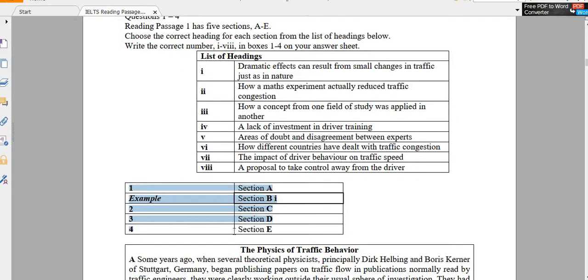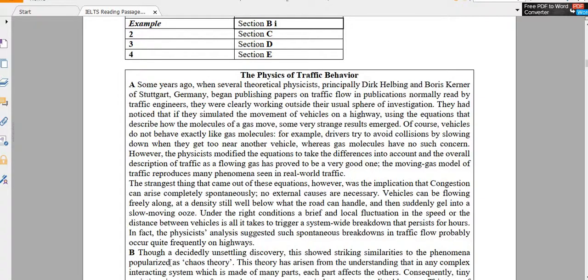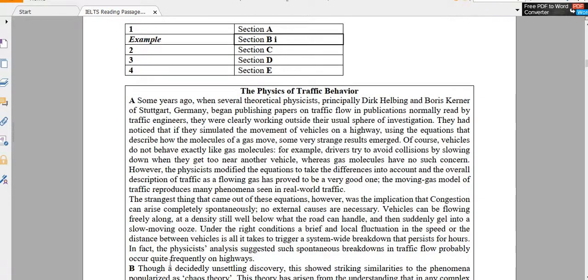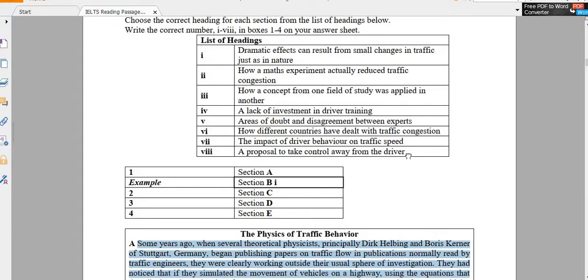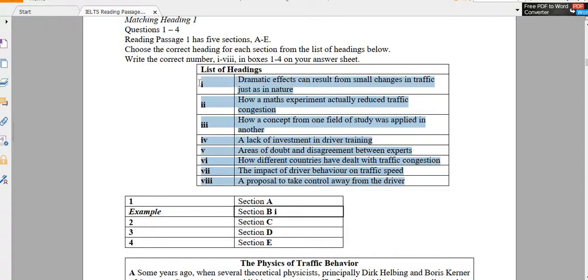Which means for question number 1, section A, we need to determine the title for this paragraph from this list. So for example, let's say the answer is this one, a lack of investment in driver trainings.